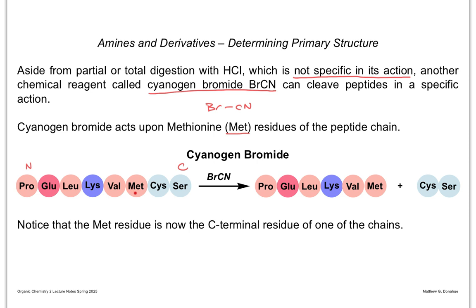When it hits a methionine residue, what it's going to do is get past it and then cleave that chain. So it's going to cleave the chain right there. And when it does that, you now end up with two peptides. So this one with 6 amino acids, we could call that an oligopeptide. And then 2 amino acids, we would call that a dipeptide.